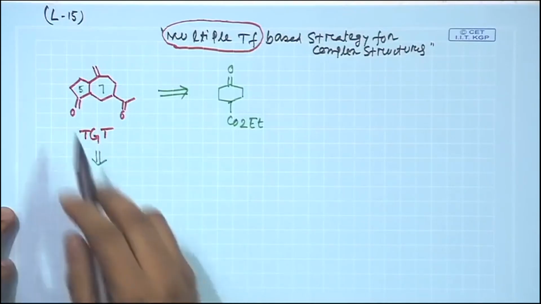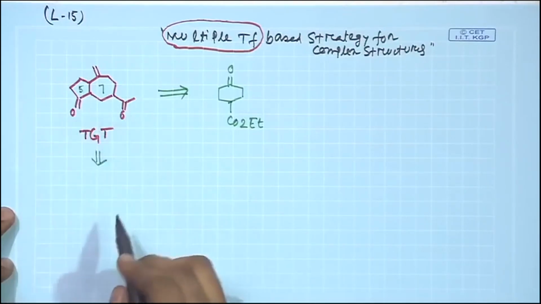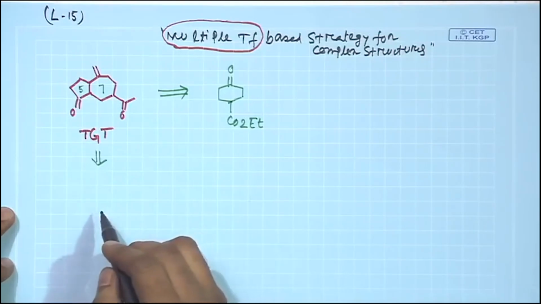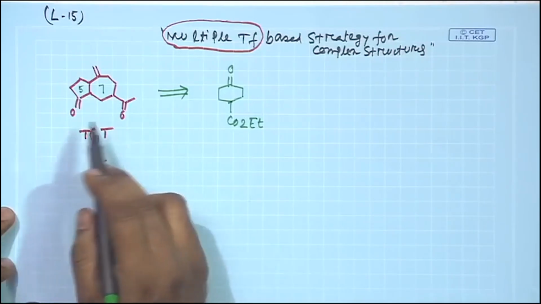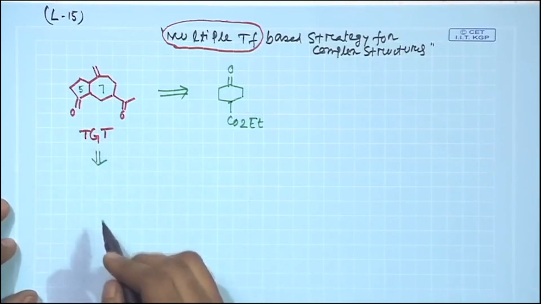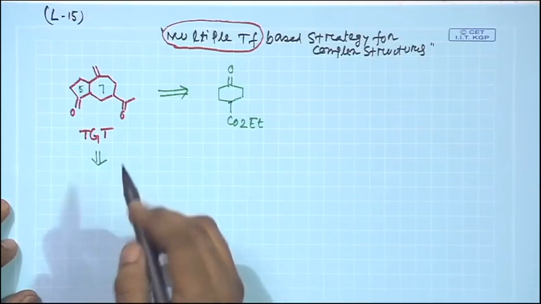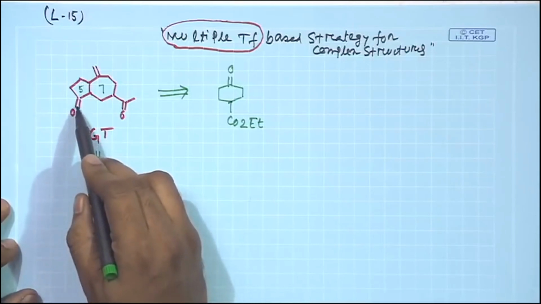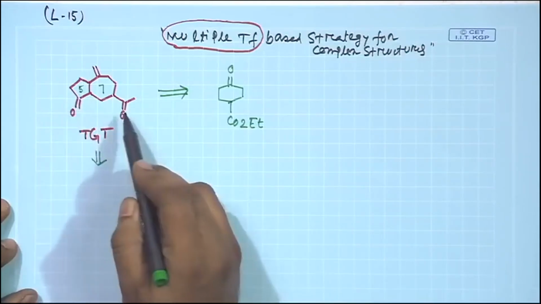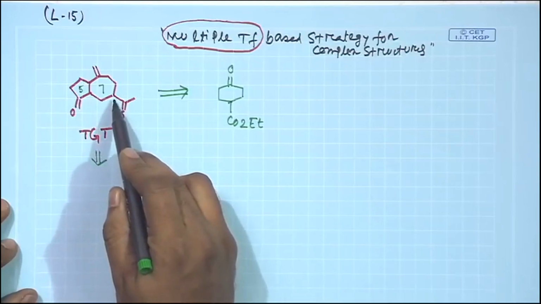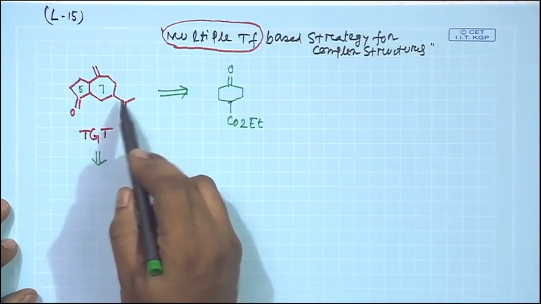Now, see there are 2 carbonyl functional groups. It means that somewhere down the line you need to protect one of the carbonyl groups based on the required transformation. In one case you have a ketone which is part of the ring, in the other case you have a ketone which is a functional group hanging, COCH3.